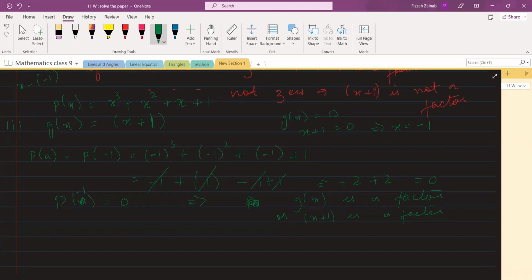Yes, ma'am. Okay. So you will simply check p at minus 1 in every part, okay? Because your g of x is the same. Yes, ma'am.